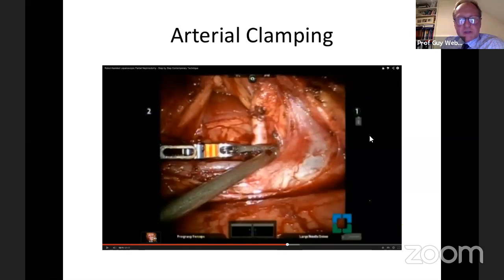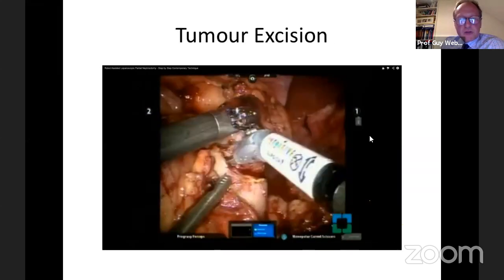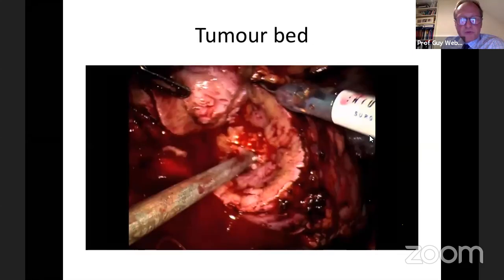The artery is clipped with a bulldog to devascularize it, and the tumor is excised with scissors, making sure you've got a good view. Here's the tumor at the top of the picture, the renal bed with suction from a good assistant, so you can visualize and ensure your renal bed looks clear.